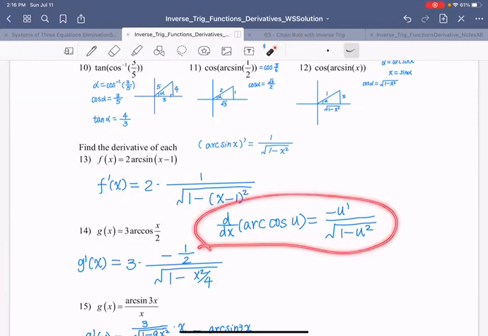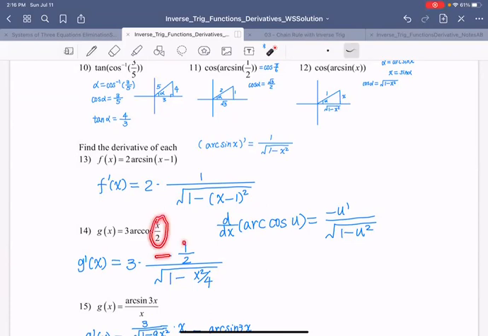So negative u prime, negative times this guy's derivative, 1/2. 3, keep it outside, divided by square root 1 minus that guy squared, which is x squared over 4. That's the answer for number 14.